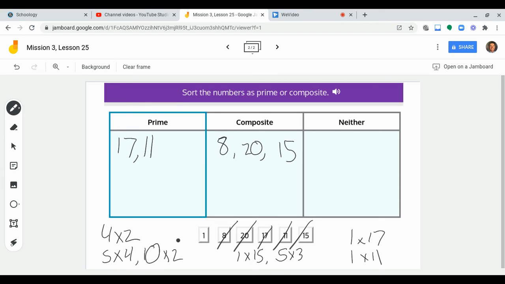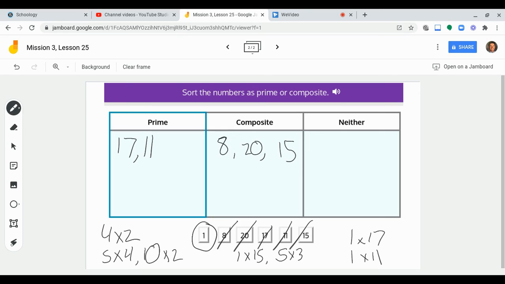Okay, now this is the one exception. This is why there's this neither column. The number 1 itself is neither prime nor composite. You just need to kind of remember that. 1 is neither prime nor composite. The only way I can get 1 is 1 times 1, so 1 has a factor of 1. There's only 1, right?